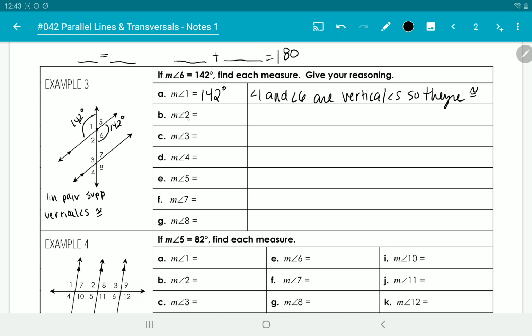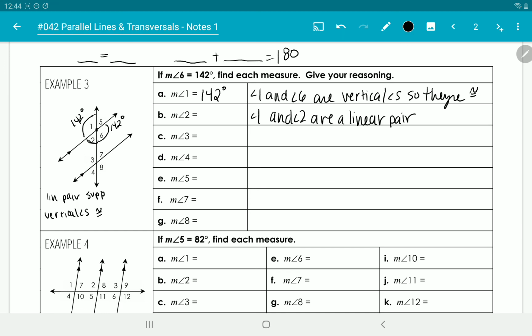Okay? Angle 2 here, we can go ahead and say that angle 1 and angle 2 are the ones we're going to be looking at. And again, since the two angles are in the same intersection, they're either going to be a linear pair or vertical angles. Well, these two share a side. If they share a side, then they're a linear pair.